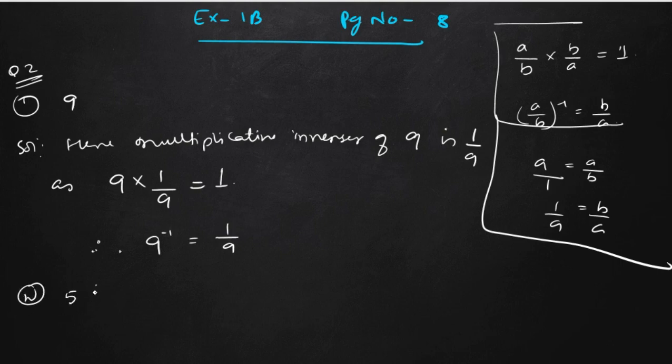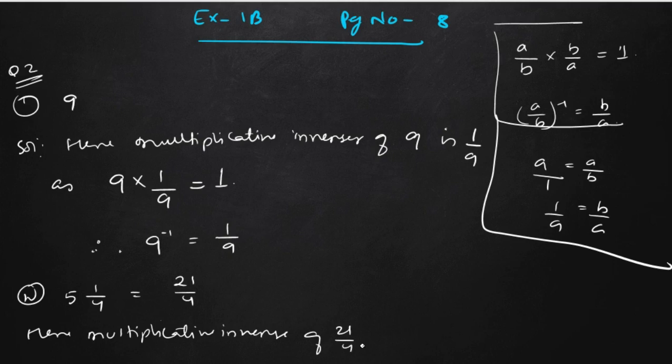Okay, so similarly I will solve one more question. Suppose question number 4. It is 5 1 by 4. First of all you have to convert this into an improper fraction. So 5 times 4 is 20, 20 plus 1 is 21, so 21 by 4. So you have to write here: the multiplicative inverse of 21 by 4 is 4 by 21.